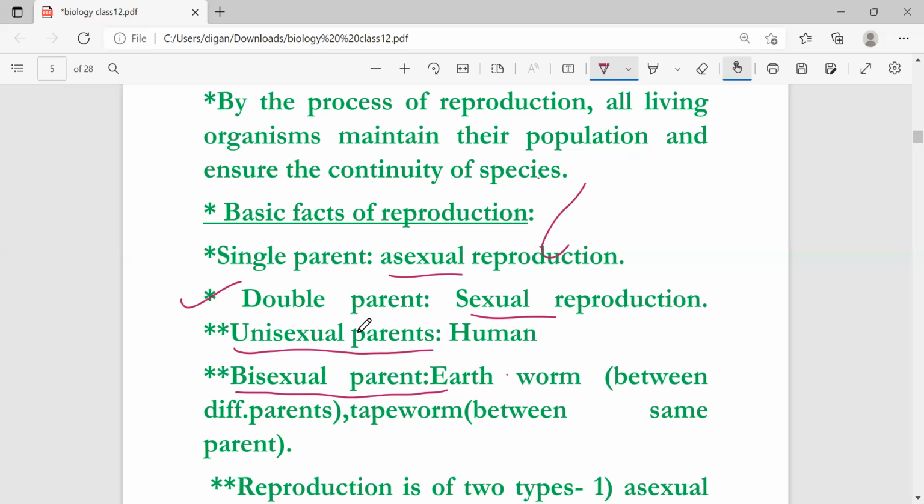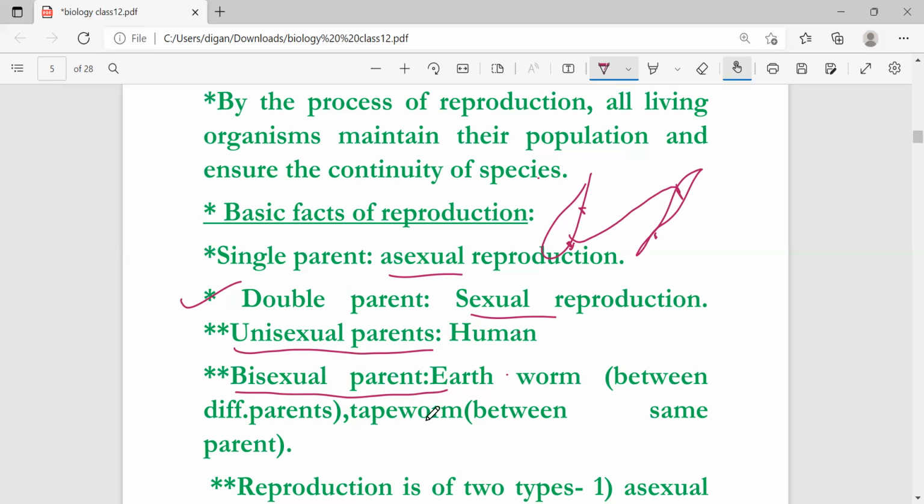Suppose this is one earthworm, it has this male part and this is the female part. This is another earthworm, it has this male part, this is the female part. So the male part of this earthworm reproduces with the female part of another earthworm. So though they are bisexual, reproduction still takes place between different parents.